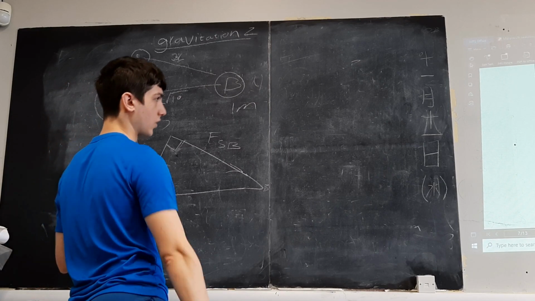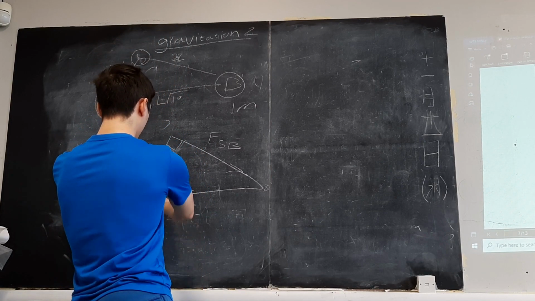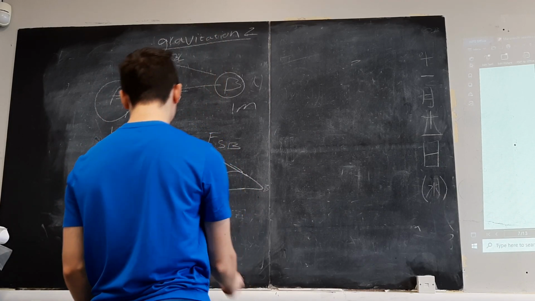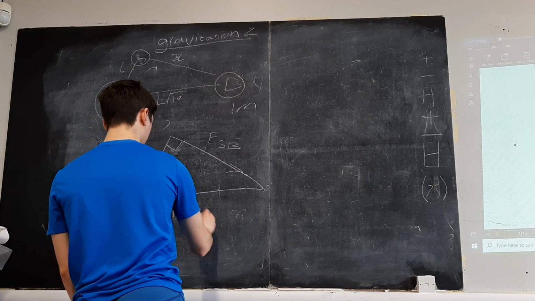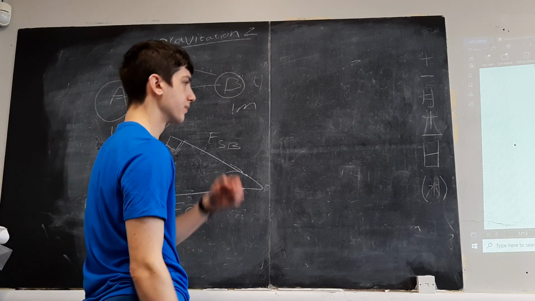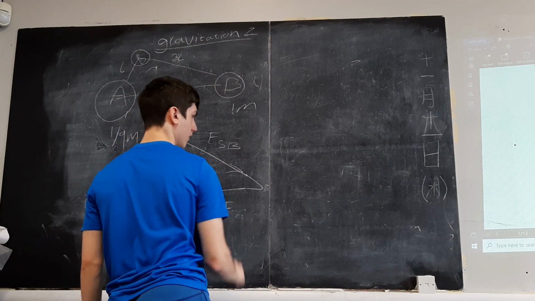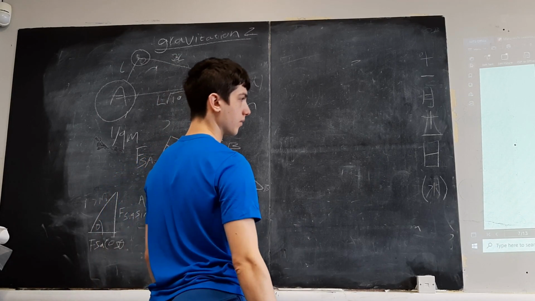This triangle, we have L there, that's root 10 on all this. So we can then write F S A as minus F S A cos theta.